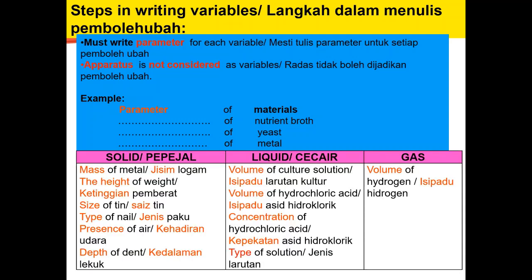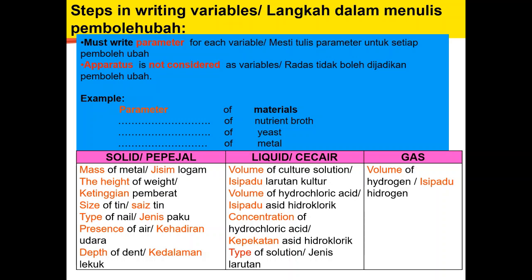Here are a few examples of the parameter for solid, liquid, and also gas. For the solid, for example the metal, you can write the mass of metal, the height of the weight, the size of the tin, the type of nail, the presence of air, the depth of the dent. Okay, these are a few examples that I listed for the solid.